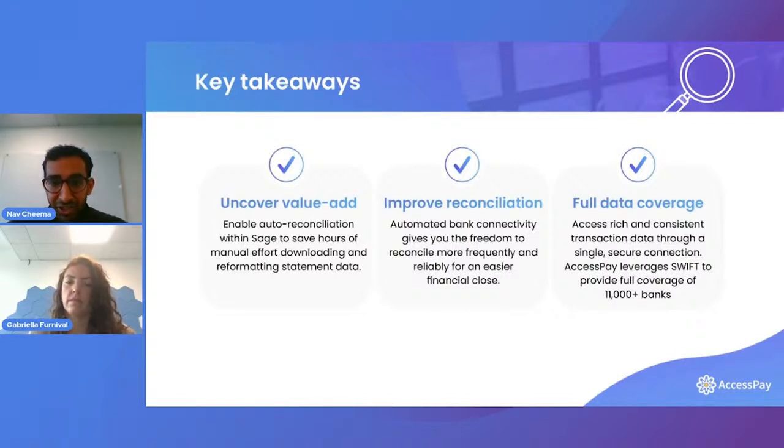This direct connection will enable the auto reconciliation with Sage, saving hours of manual effort, downloading and reformatting statement data, improve reconciliation, and also allow users to access rich and accurate transaction data through a single secure connection. And as Gabs mentioned, AccessPay will be leveraging the Swift network and therefore providing full coverage of over 11,000 banks.